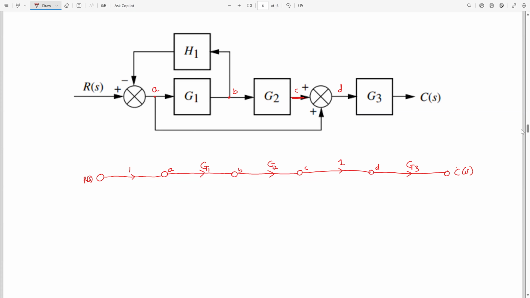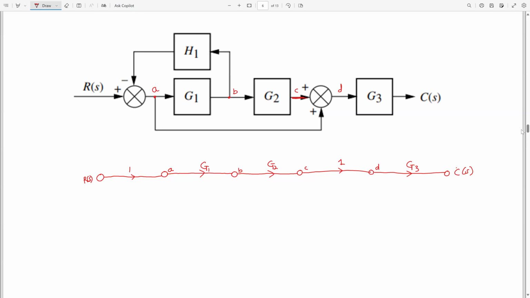Okay. So now I've been able to identify the forward path, which is what I've done here, so straight from the input to the output. Now the next thing is just to identify all the other signals, and based on what you've done so far, we have simplified the work for us in a way. Okay. So let's move on.